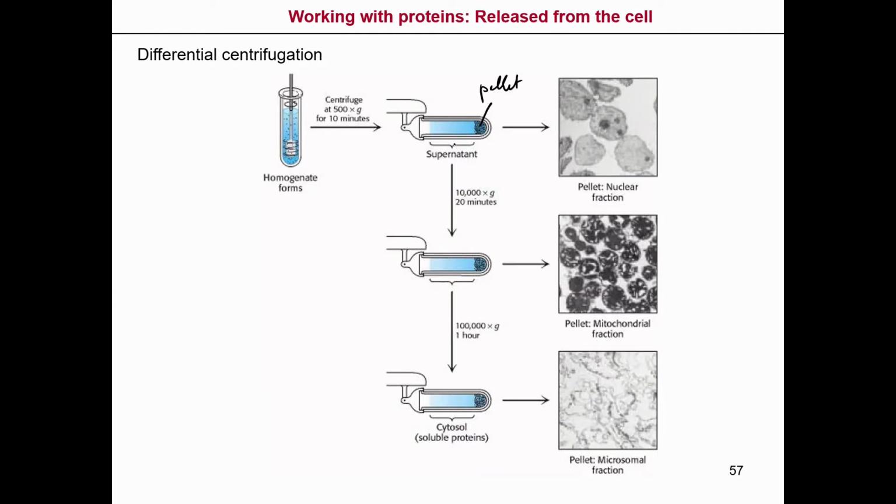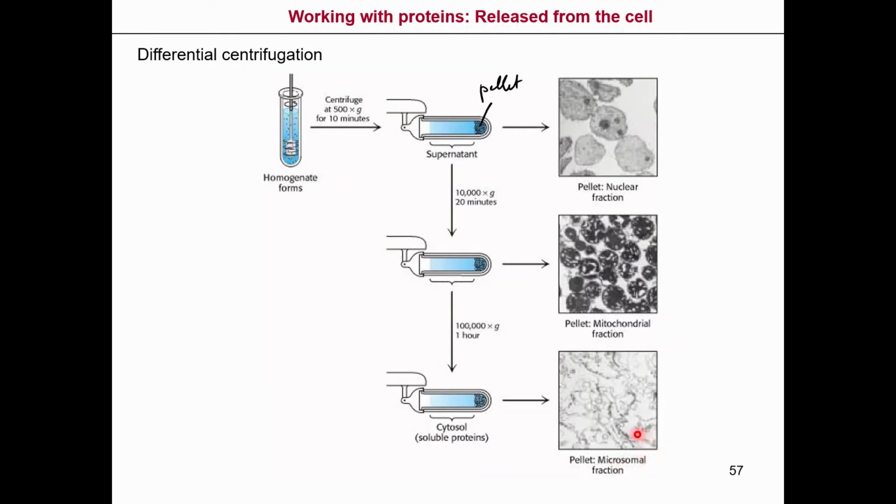After that, you have the supernatant, and you do another centrifugation with this time a higher rate and during more time, and you obtain this time in the pellet the mitochondrial fraction. And if you do this again, you will have the microsomal fraction.